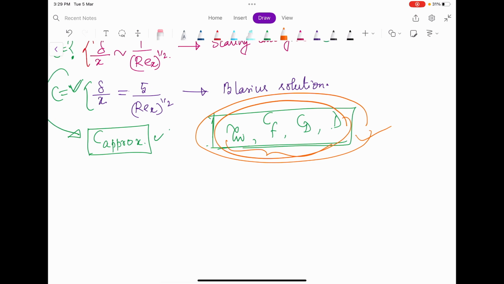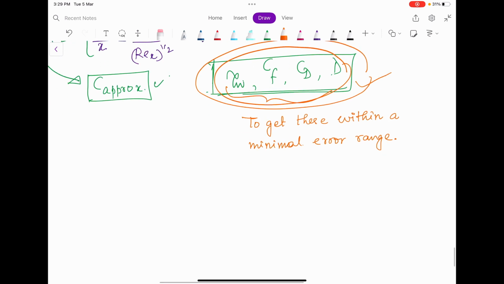So that is now our objective, to get these within a minimal error range. Okay, so now here what we do is we approximate some velocity profile. Okay, we approximate some velocity profile.